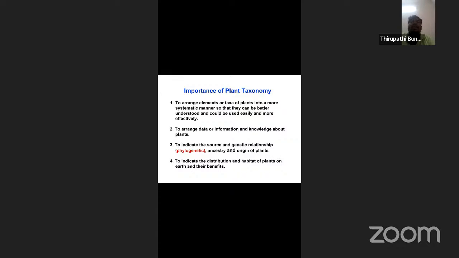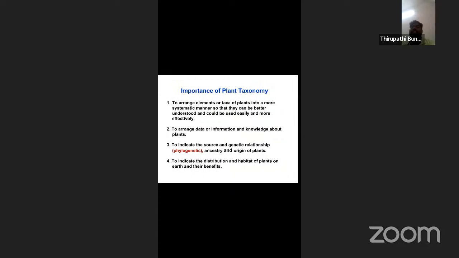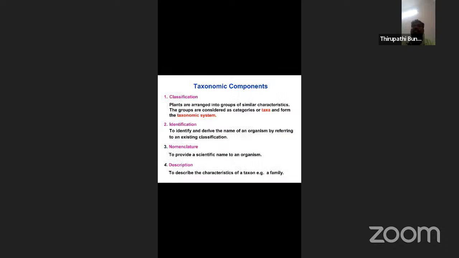These four are commonly called taxonomic components: classification, identification, nomenclature, and description.